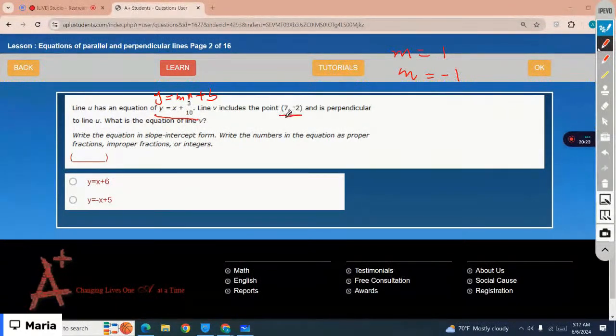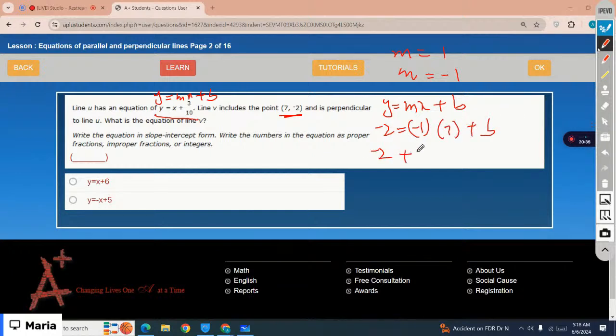Now you are given the point. You have to put the point in the equation and calculate the value of b. Y is negative 2, m is negative 1, x is 7 plus b. That is negative 2 plus 7 equals b. So b equals 5. The equation is y equals negative x plus 5.